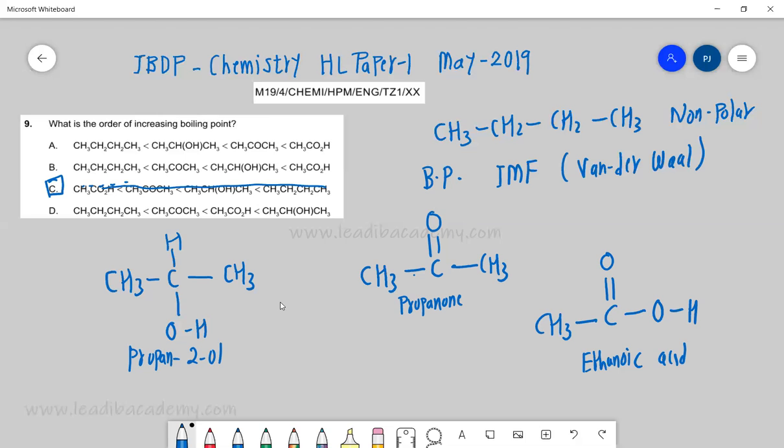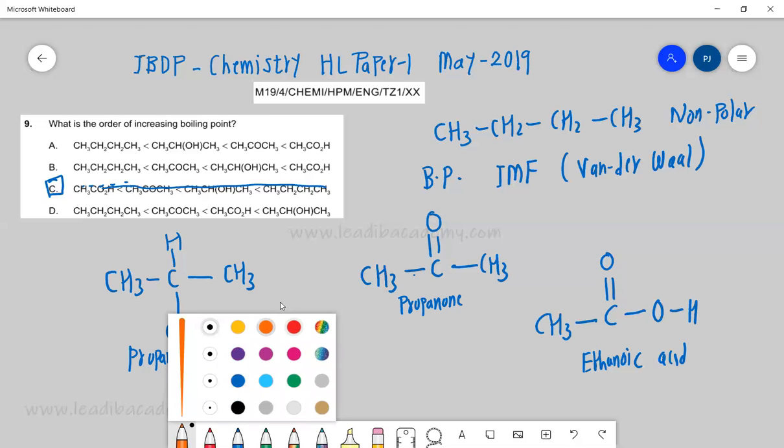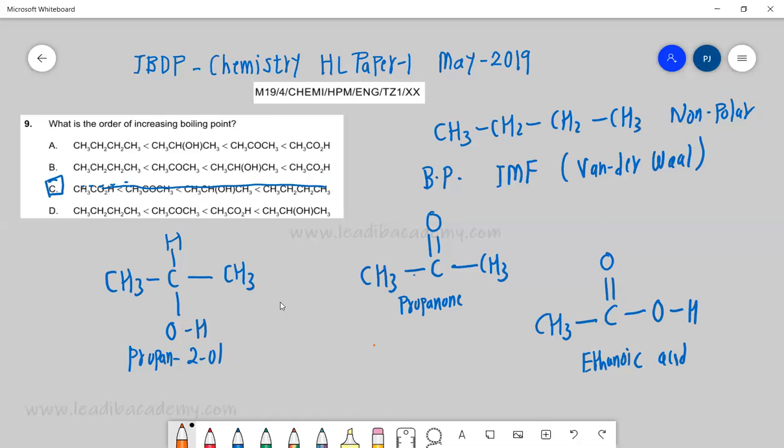So how to decide? Very, very simple logic. Important in this case is to look into the very important concept for IMF. It is all about hydrogen bonding. Because oxygen is electronegative, it will grab the electron from this hydrogen, and there will be a delta minus charge.